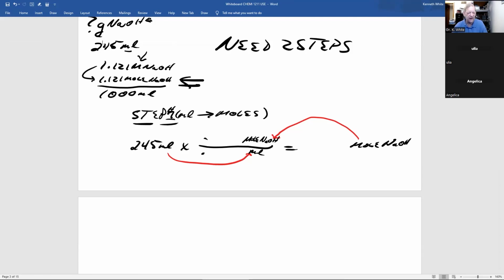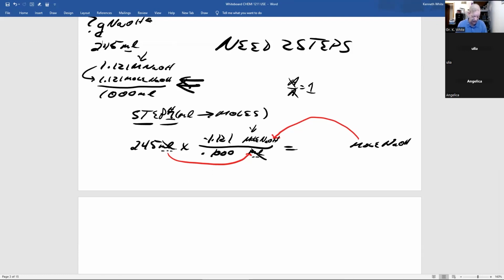From the molarity, which means this right here: 1.121 moles of sodium hydroxide per 1,000 milliliters. Notice milliliters divided by milliliters cancel out, because anything divided by itself equals the number 1, and I'm left with moles of sodium hydroxide, which is what I want.